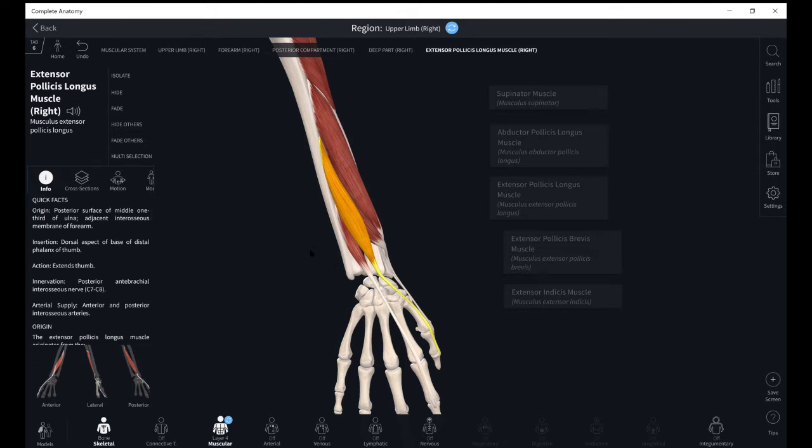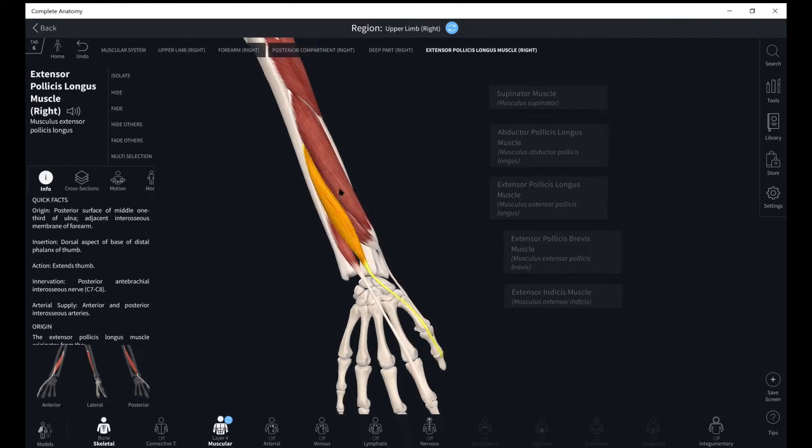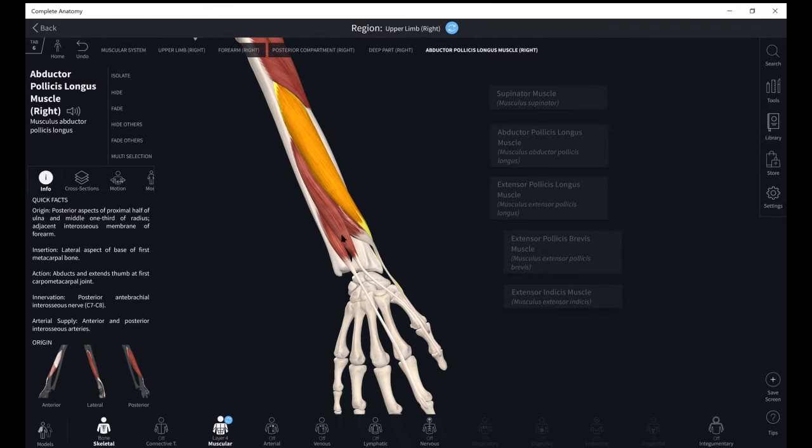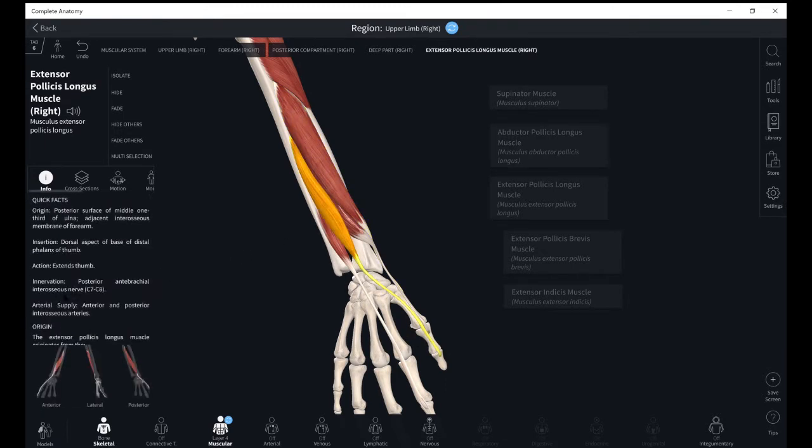Its insertion is the dorsal aspect of the base of the distal phalanx of the thumb, and its action is extending the thumb. So it and the abductor pollicis longus both play a role in extension of the thumb. Its innervation, C7, C8, the posterior antebrachial interosseous nerve.